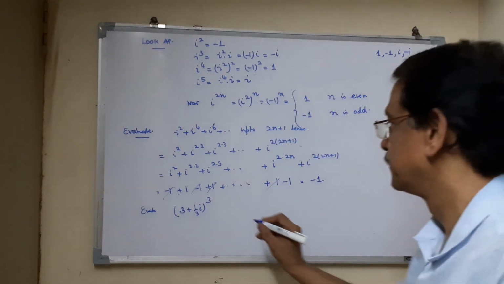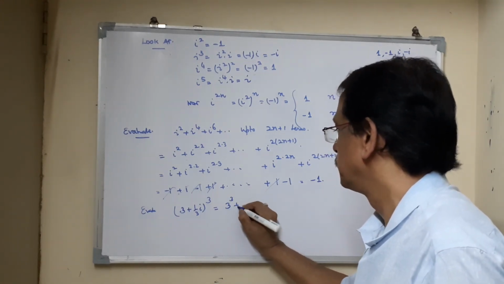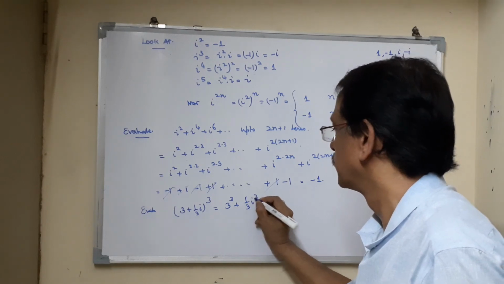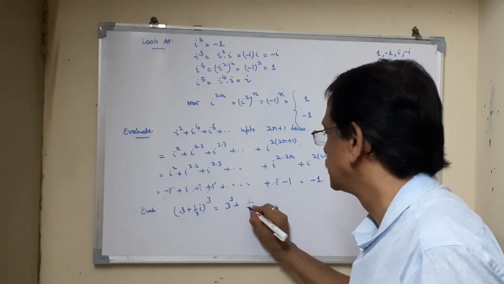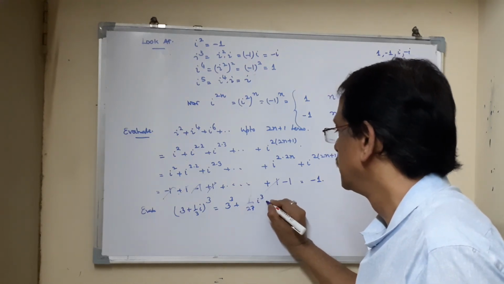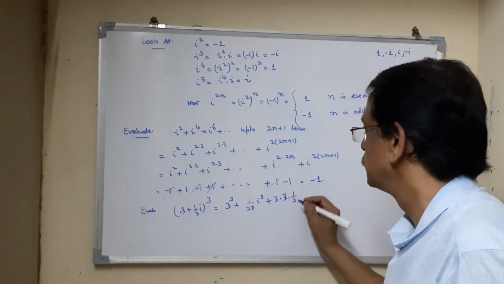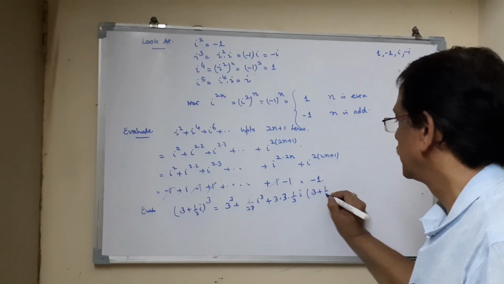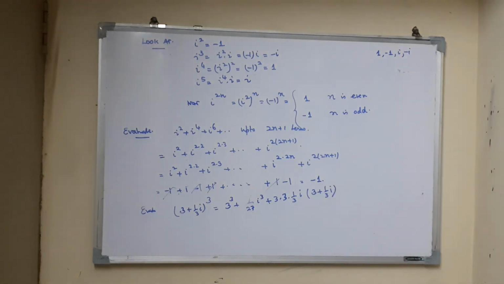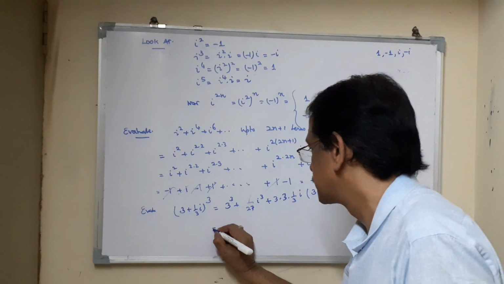See, this is a plus b whole cube, a cube plus b cube plus 3ab into (a plus b). So 1 by 27 plus 27 i cube plus 3 into 1 by 3 into 3i into (1 by 3 plus 3i).